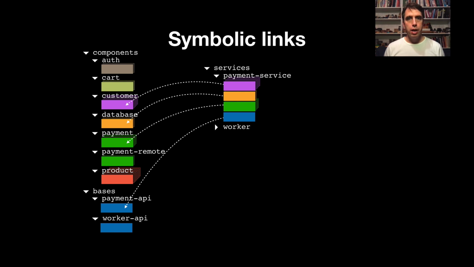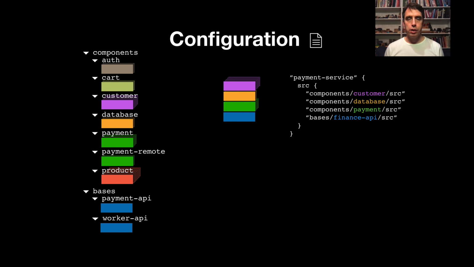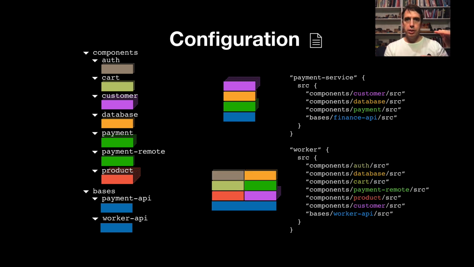The other way of solving this problem is by using a configuration file. And here, in our build file, we add a section where we list all the source folders for our components and the base, and now we have a service. And when we want to add another service, we just add another section in the same build file where we list all the components and the base, and now we have another service.